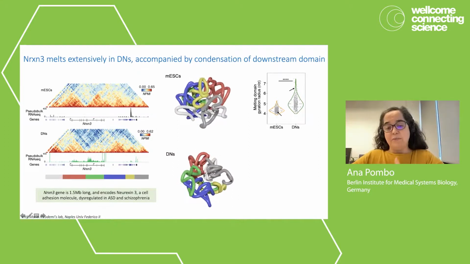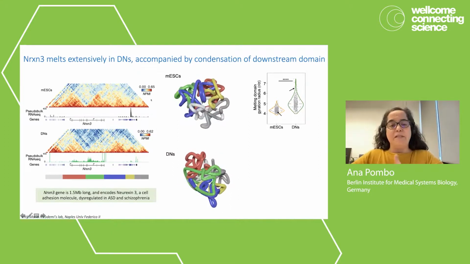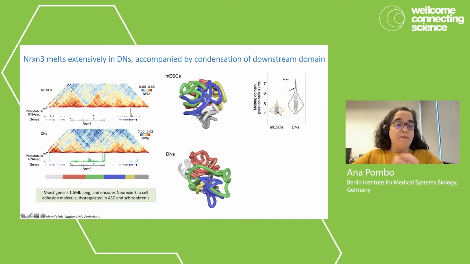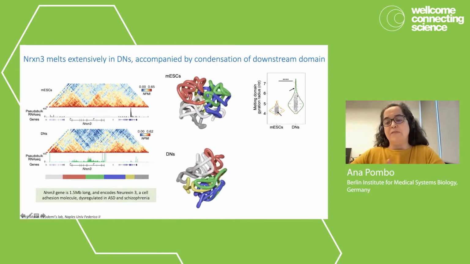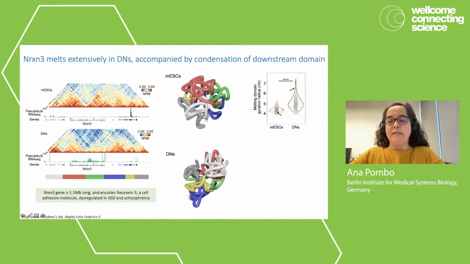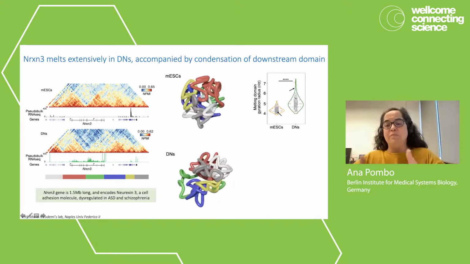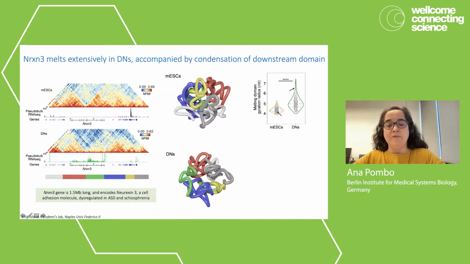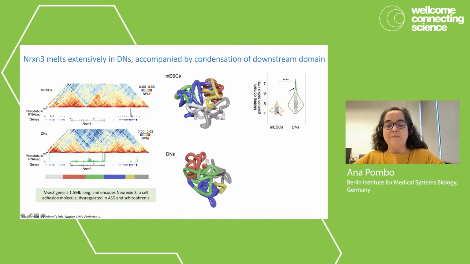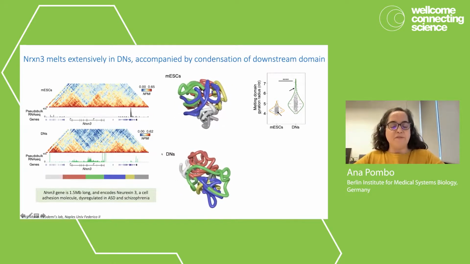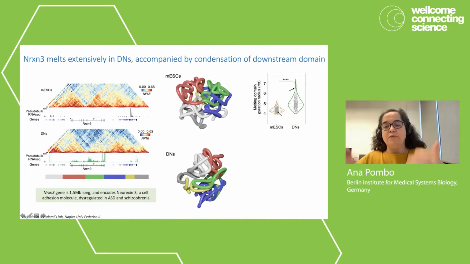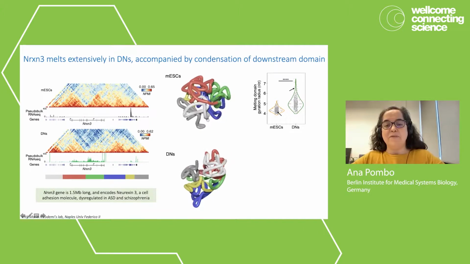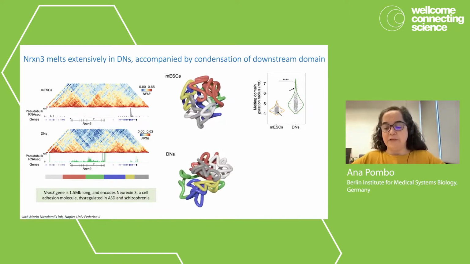These are just two examples of the polymers that were modeled from the matrices themselves, but you can see here in the quantification of the whole ensemble of polymers that indeed most of these green domains are extensively decondensing. This is only for the green domain, but we saw these events also for the red in particular.